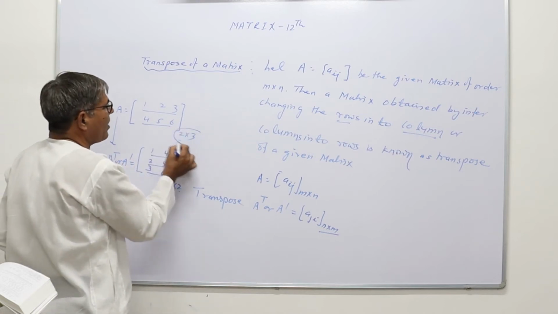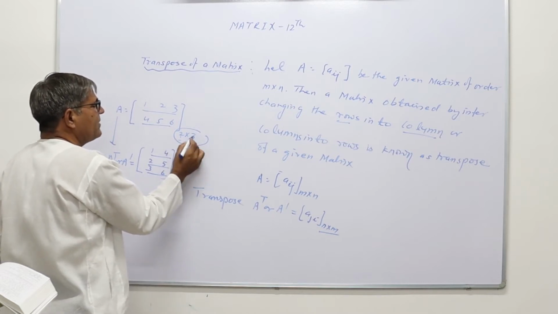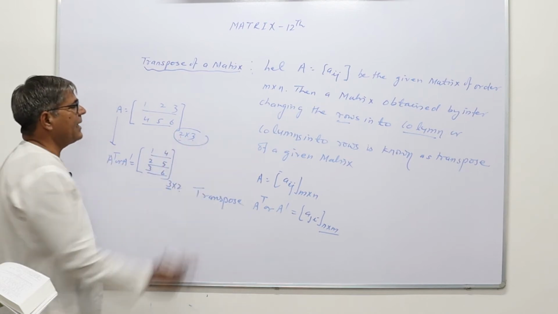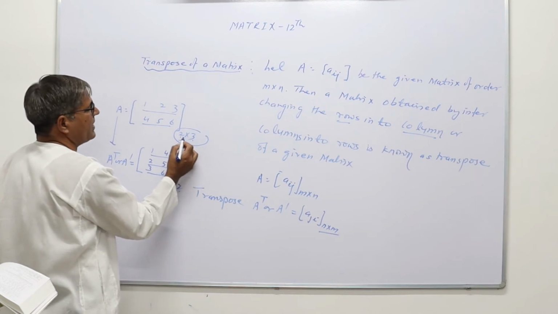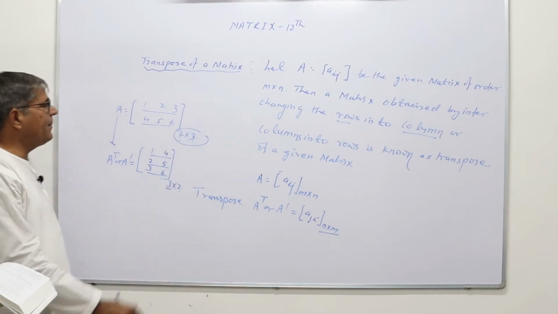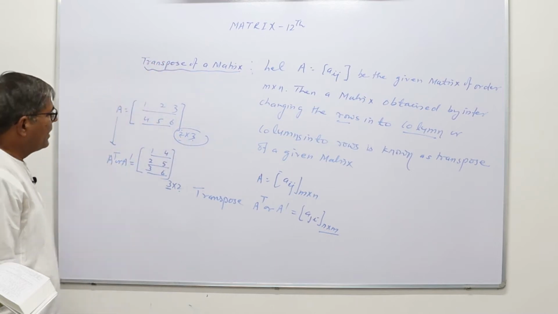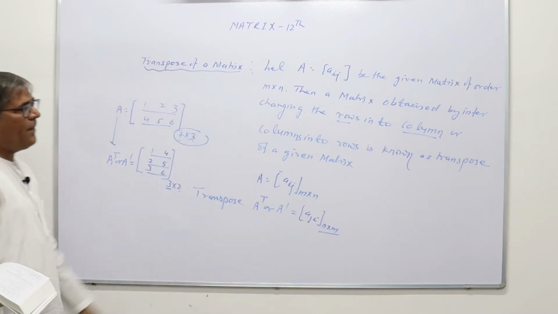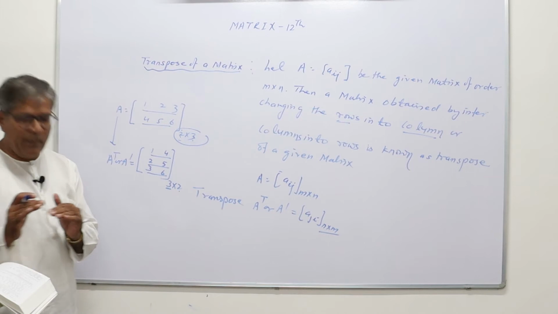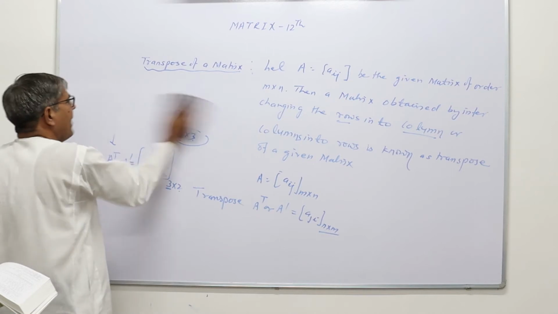Whenever we write the order of a matrix, first we write the rows, then the columns. This is written in the form of a multiplication, but we do not find the product. It is just the way of representing the order: in 2 cross 3, the first number represents the total number of rows and the second number represents the number of columns. So transpose of any matrix means we just interchange all the rows into columns or all the columns into rows. So this was about the transpose of a matrix.